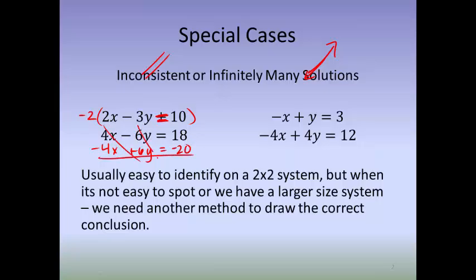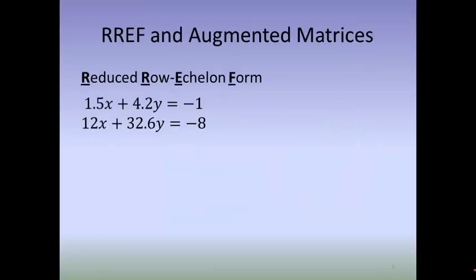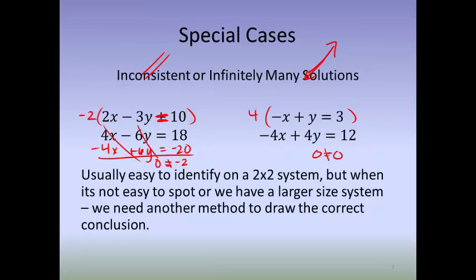So the left-hand side goes to 0, but the right-hand side does not. This leads us to parallel lines. It's inconsistent. On the other side, if we were to multiply everything by 4, we would see that everything canceled out and we got 0 equals 0, which is true, which means we have infinitely many solutions.